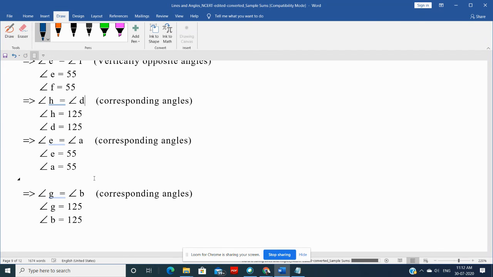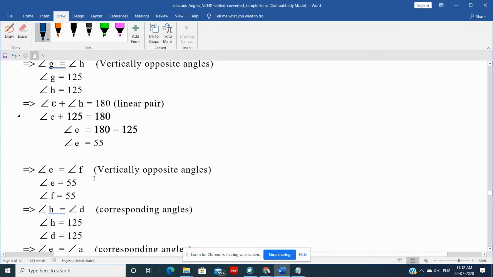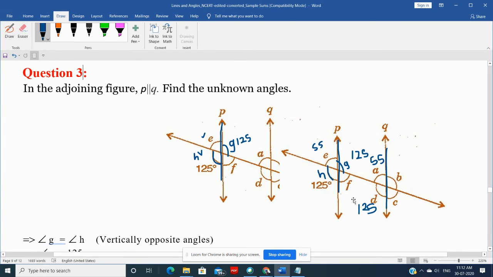Now, we can do this with a different method also, like again we can find out linear pairs and make sums of 180 and all that, but we don't need to because we already have found that. Okay, so this becomes your 125.